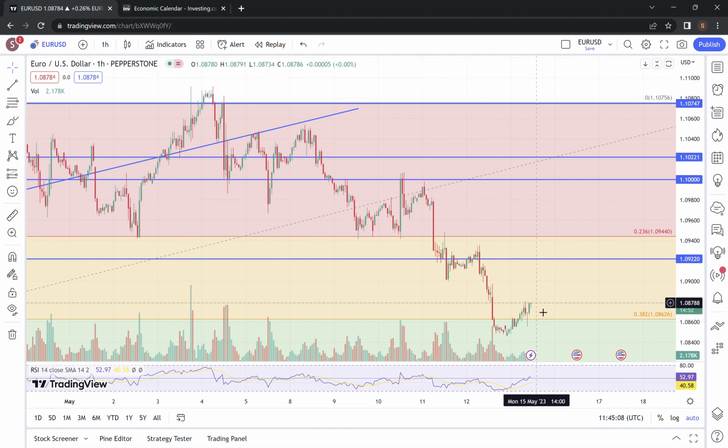My take would be to short where it is with half of the lots you usually trade. If your regular lot size is one lot, go short now at region 1.088, and then the other half of the lots later on somewhere towards the 1.09 region.